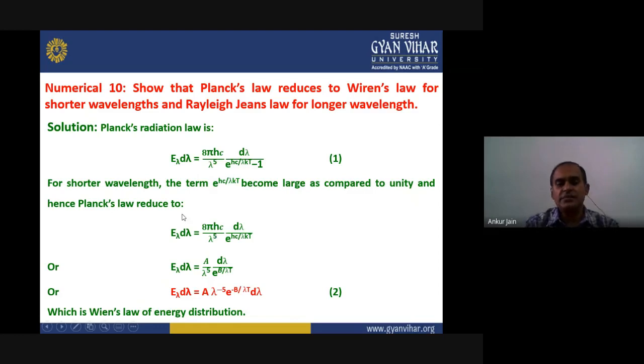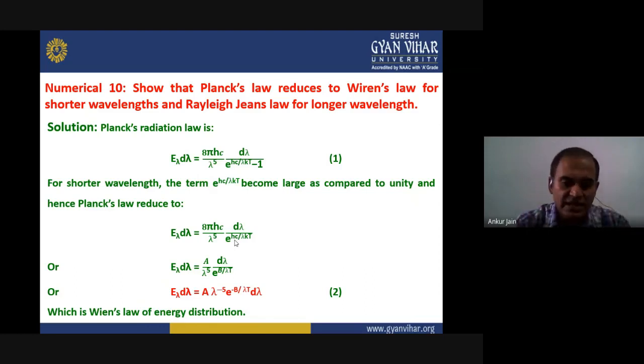So we can replace all of these by another constant a upon lambda to the power 5 into d lambda divided by e to the power hc. Again you see h and c both are constant, so we can put this value as another constant that will become e to the power b upon lambda T.